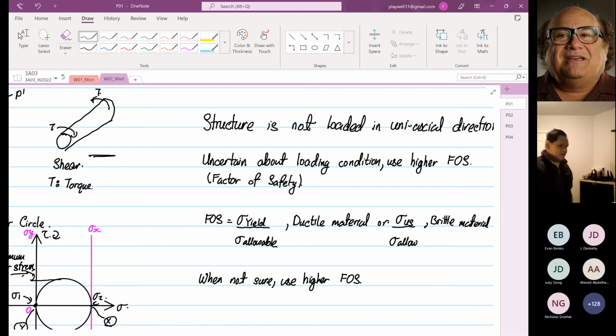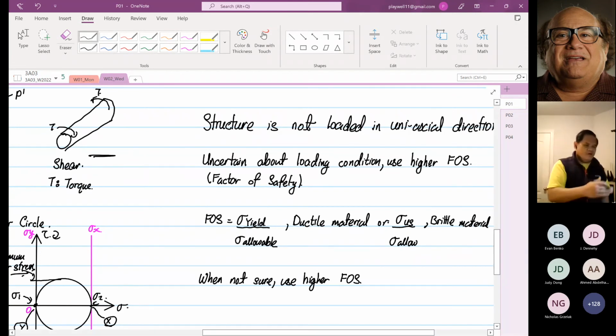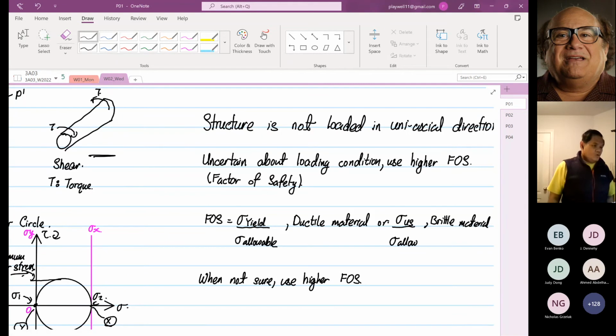And this is not right. If that's the case, what's the point of having a degree? My mom could design a structure when we use a factor of safety of 10. Yes, she could. It's safe. She will use 10. She'll use 20. But that's not the case, especially for mechanical engineers.